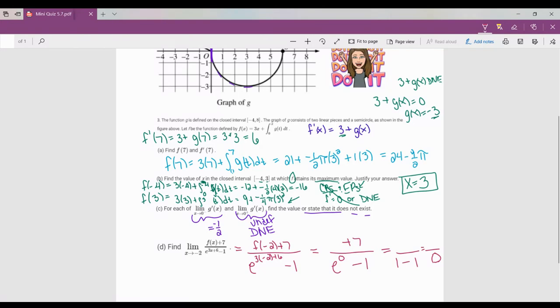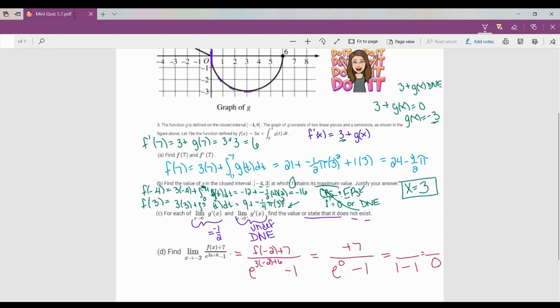All right, up top, we've got f of -2. So I'm going to go up here and plug -2 into my f function. So f of -2 is going to equal 3 times -2 plus the integral from 0 to -2 of g of t dt.